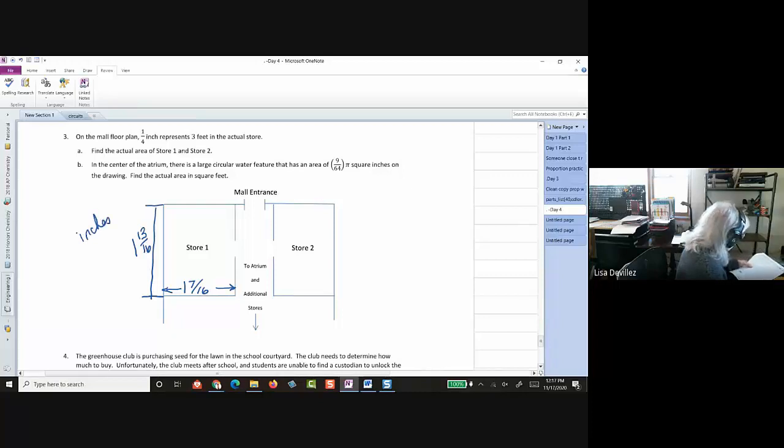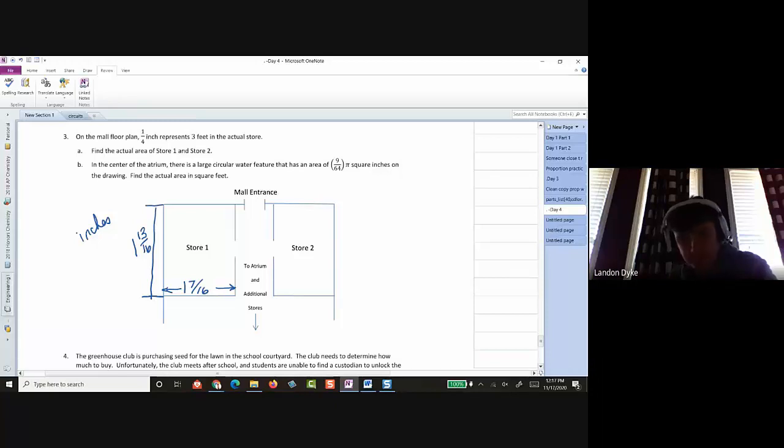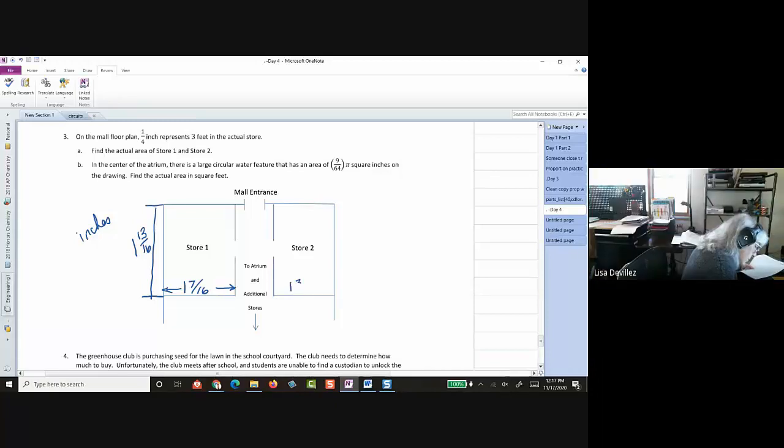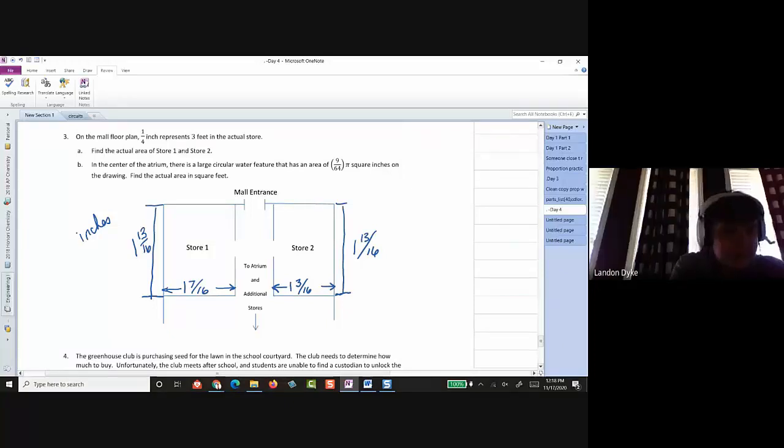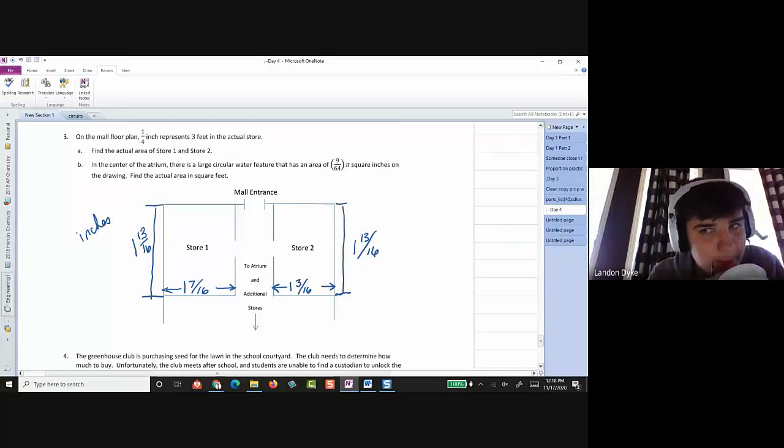And then store 2 is 1 3/16 from there to there. And then this here is 1 13/16 inches.